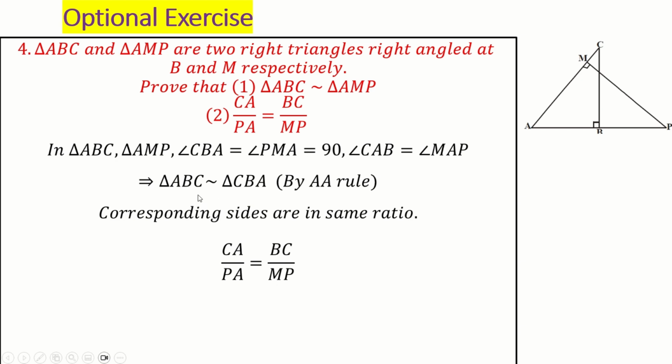Angle PMA. I think I chose a wrong CBA. It's not CBA, it is AMP actually. AMP and ABC are similar triangles. So now you get CA by PA equal to BC by MP, right? So this is a mistake here. Please note down the correction. This is triangle AMP.